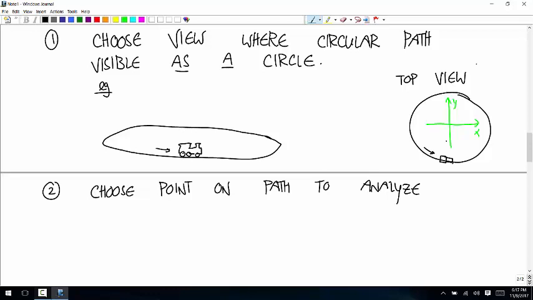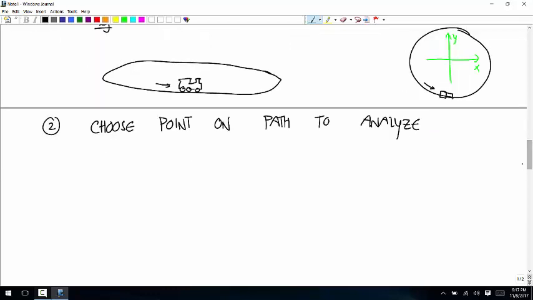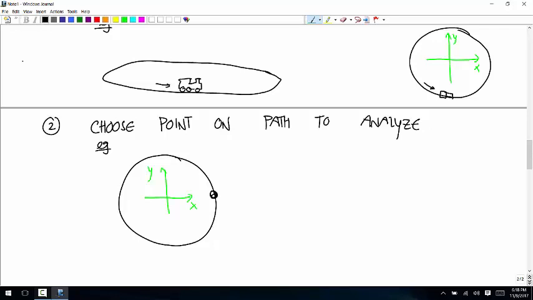You'll just be asked a general question about how fast the thing has to be moving, and then you can choose any point you want. So for example, in this train problem, let's say we decide we want to analyze what's happening with the train right there. You have to be specific about one point.